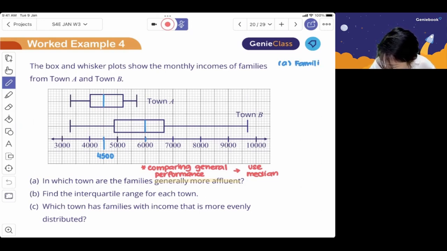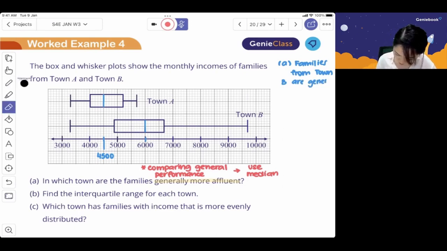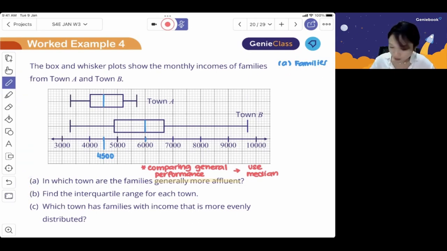Families from town B are generally, so I will write this out because I want you to learn how to explain your answer. This is very, very important.